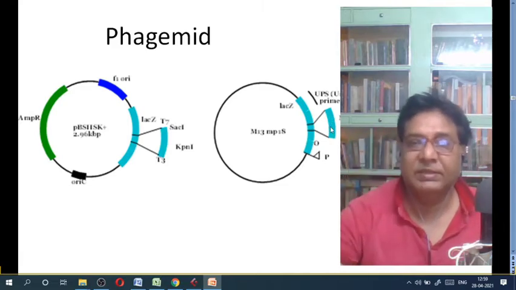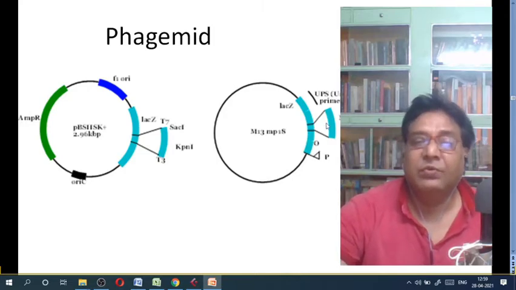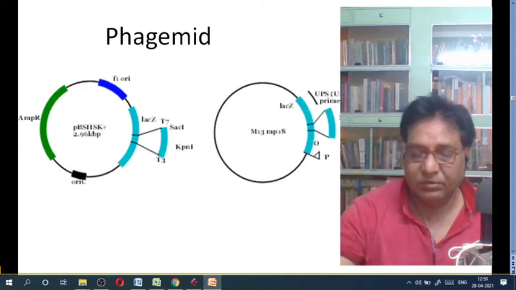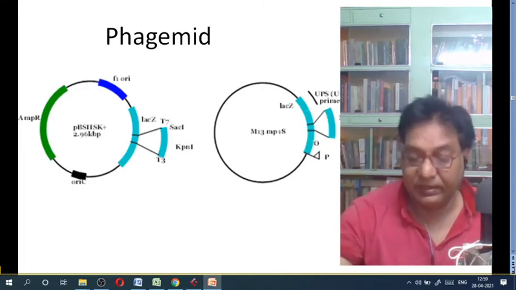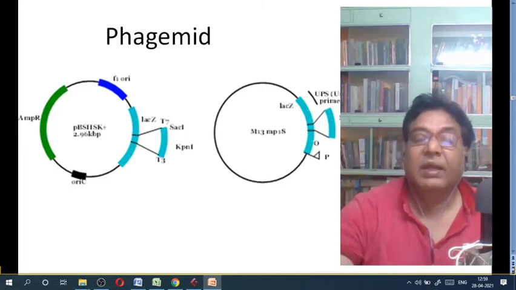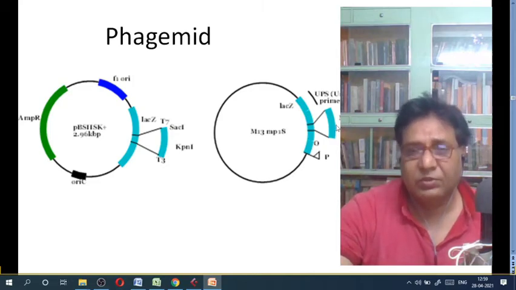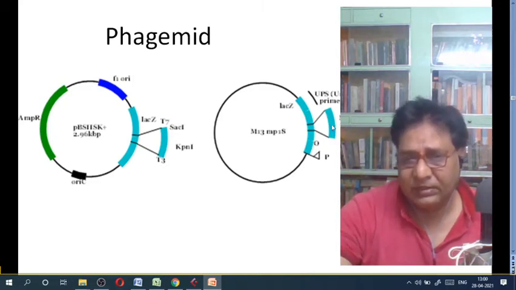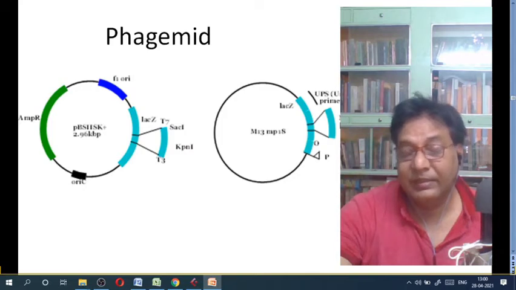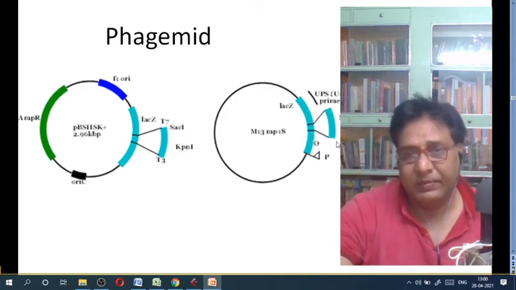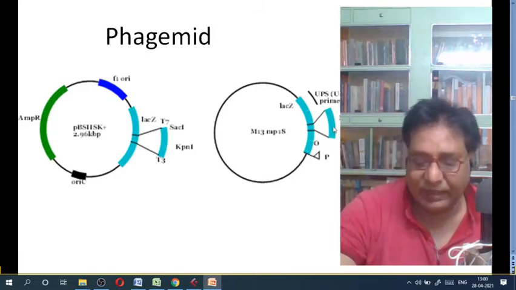Say if there is A in the gene and you want the new recombinant DNA that is going to be formed from this to be altered, in place of AT you want to convert it into GC. So what you take in the primer, just opposite to A, you take G instead of T. The other nucleotides will be complementary to the gene, because you want to change only that position.